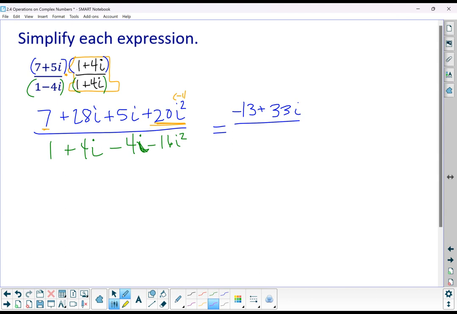Those two 4i terms are opposites, they add up to 0, they cancel out. Then I have the number 1, and I have the real number 16, because i squared is just a -1, so that ends up being a positive 16. So my denominator is 17 when I combine those two numbers together. So this is my complex number answer.